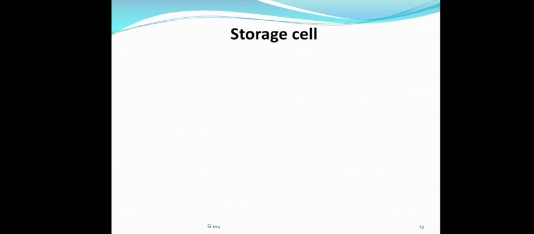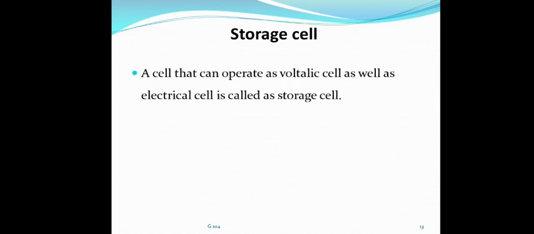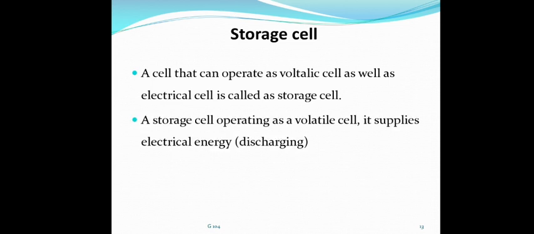So that means a storage cell can operate both as a voltaic cell and as an electrolytic cell. It is not just a galvanic cell or an electrolytic cell. It acts as both. How is it?